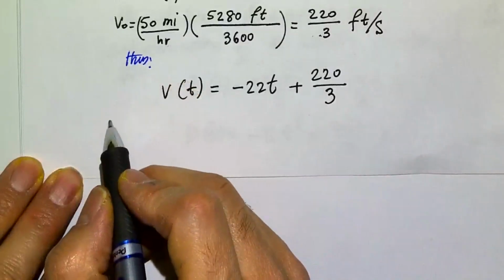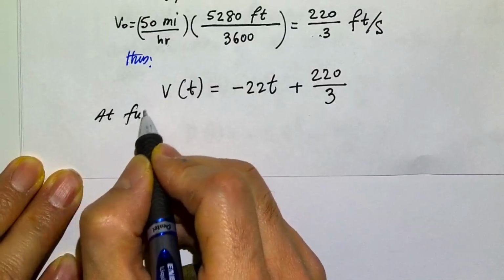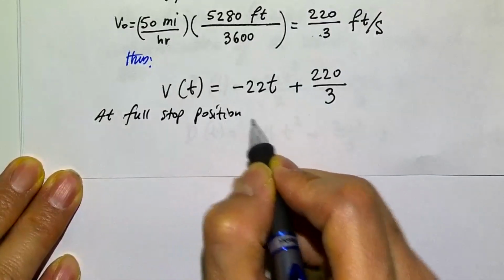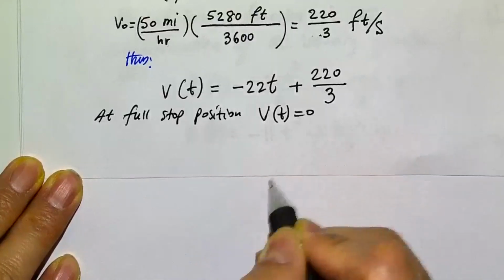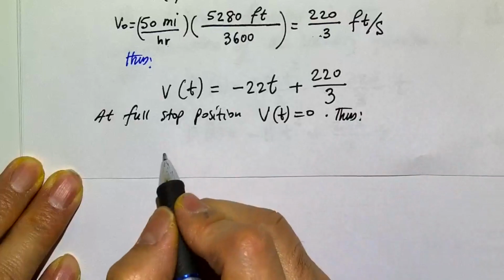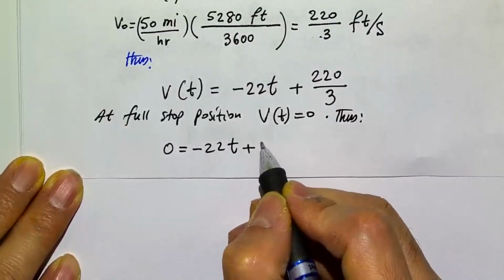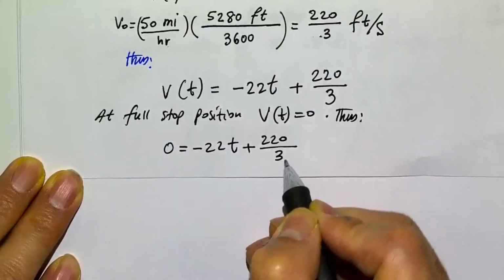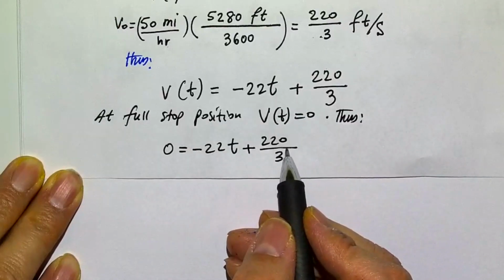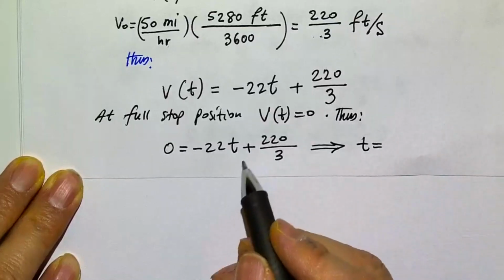So at full stop position, the velocity is equal to 0, right? Thus, 0 equals minus 22t plus 220 divided by 3. Solve this for t, and you should get t equals, what did I get?